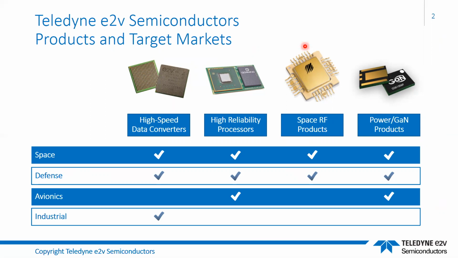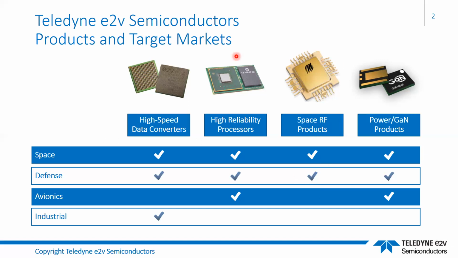We have a range of space RF products. So these are products going up to 60 gigahertz, RF switches, DSAs, PLLs as well. These are available in ceramic or COTS packages for space applications.